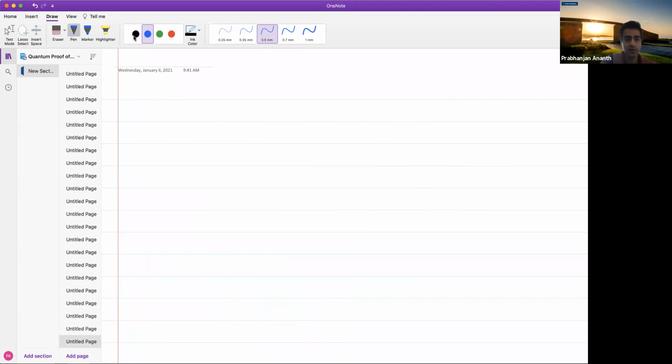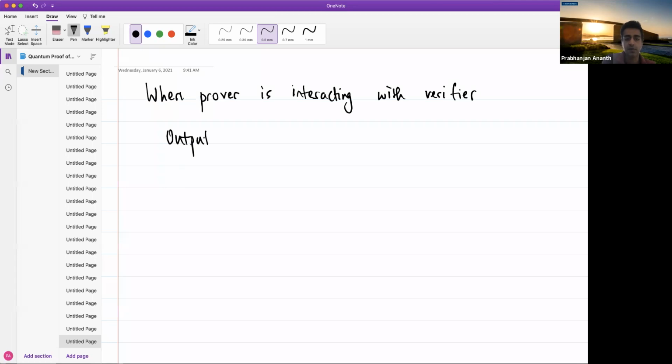When the prover is interacting with the verifier, the output state of the prover is obtained by tracing out all the registers except its private register.